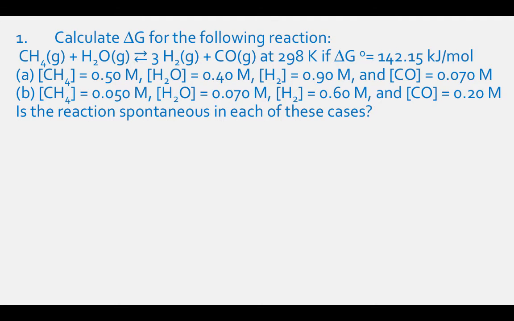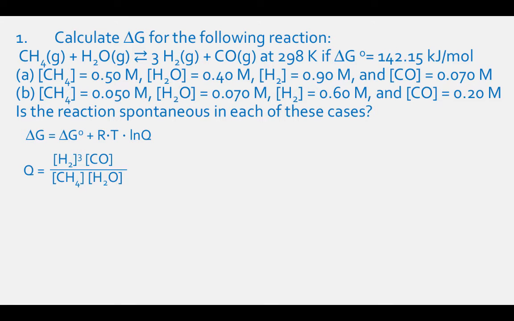To calculate the delta G, given the standard delta G and the concentration of reactants and products, we need to use the equation delta G equals delta G standard plus the gas constant R times the temperature T times the natural log of Q. First, write the reaction quotient expression, which for this reaction equals the concentration of H2 cubed times the concentration of CO divided by the concentration of CH4 times the concentration of H2O.